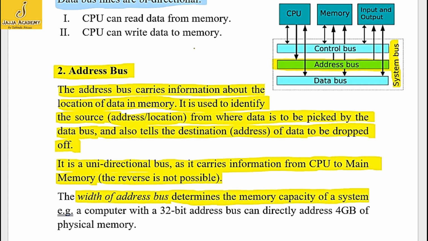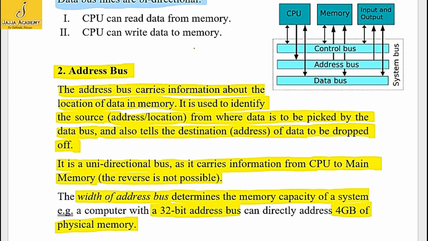For example, a computer with a 32-bit address bus can directly address 4 GB of physical memory. In this diagram, you can see the address bus is unidirectional from the CPU to main memory and from the CPU to the input and output unit. So it is a unidirectional bus.